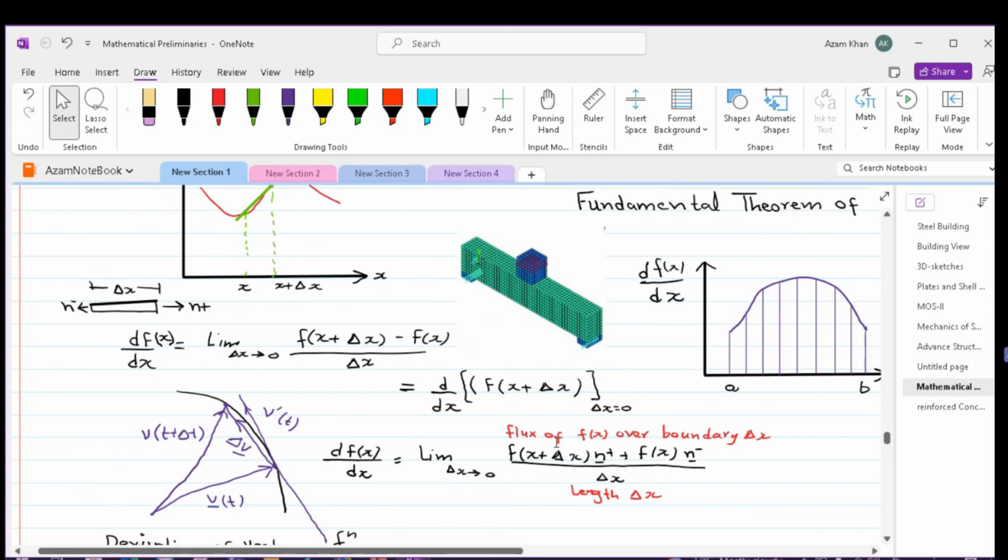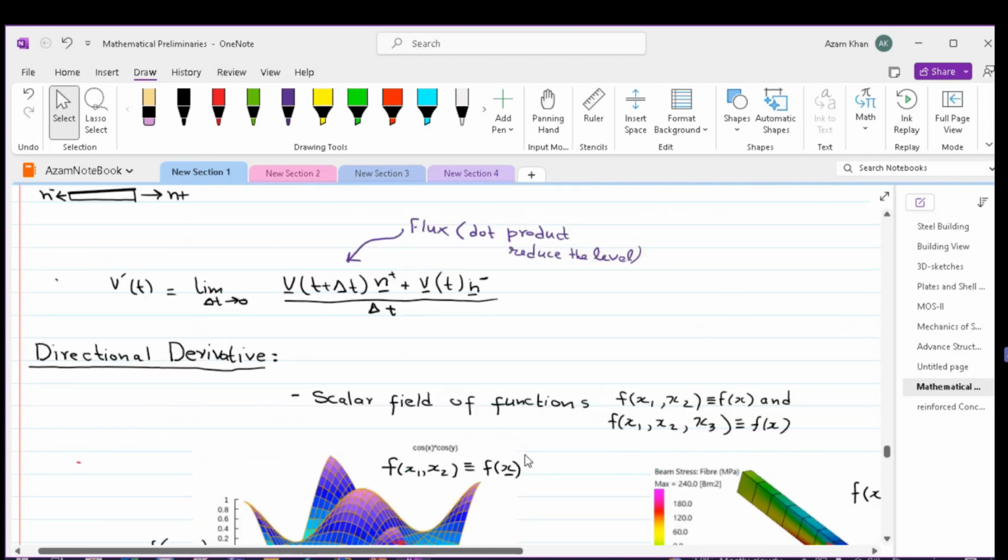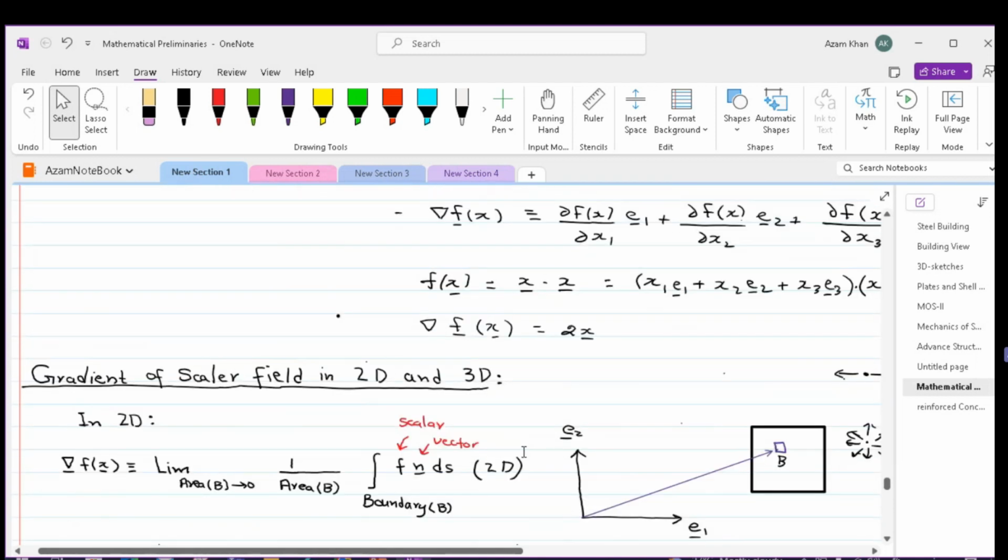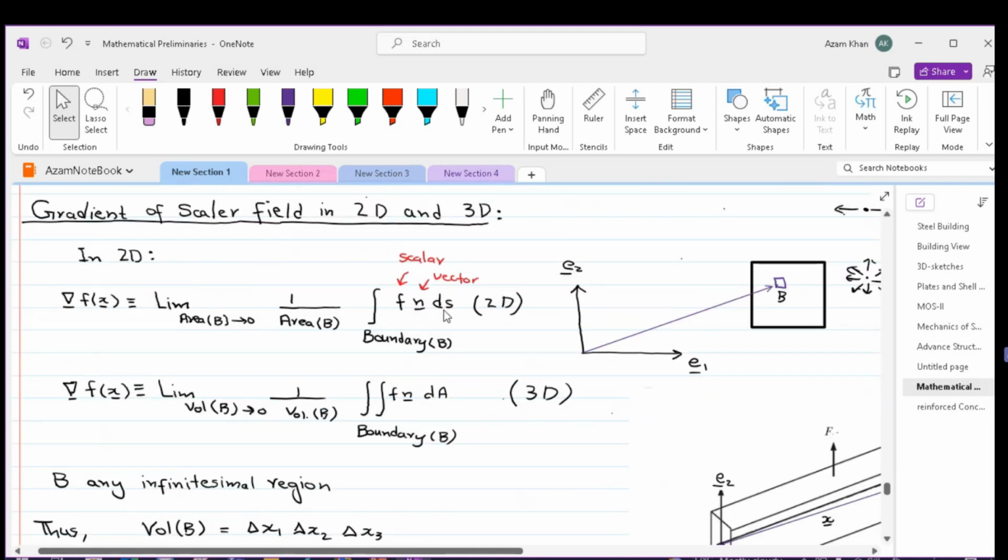In the case of 2D setting, we are dealing with curves or surfaces, and correspondingly in 3D, we will be dealing with areas. So we are going one step up as we move from the single variable gradient definition to the multi-variable gradient definition.